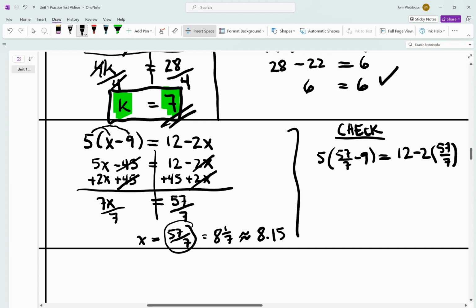Since we put 57 sevenths in for x, and there was an x here and there was an x here, we had to put it in both places, in the x minus 9 and then in the 2x. And then we just go through and check on the left-hand side and the right-hand side to see if they're equal.